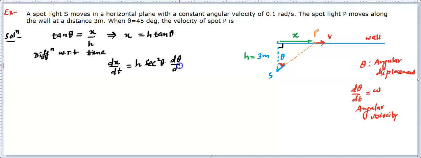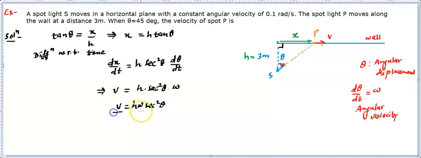This d theta by dt is called angular velocity, so we call it omega. And dx by dt is going to be this velocity v that we need to find. This is h into sec square theta into omega. So we got a relation: v is equal to h omega sec square theta.